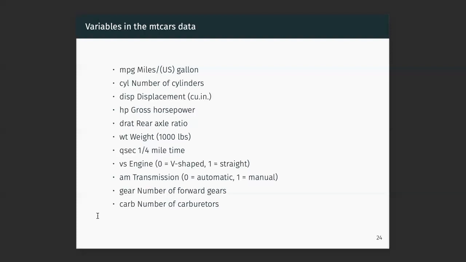So let's generate. First, just do it by hand. You can use predict if you want, but let's generate what is the expected miles per gallon when HP equals 100 and weight equals 3.